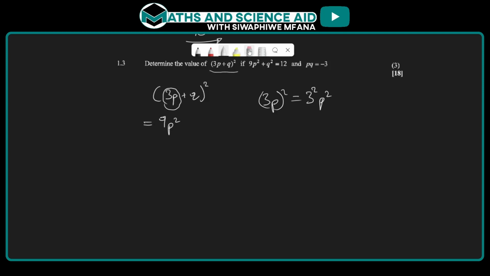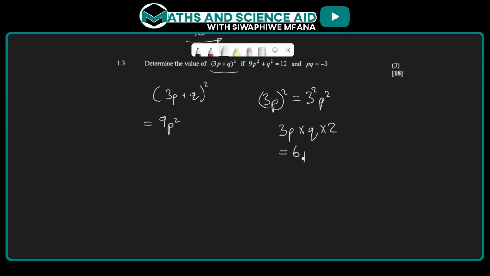And then after that, in order for you to find the middle term, you simply need to multiply the two terms here that are inside the brackets. So you will say 3p multiplied by q. And after that, you need to multiply all of this by 2. And so we have two numbers here, 3 and 2, or two coefficients. So 3 multiplied by 2 is going to be equal to 6.